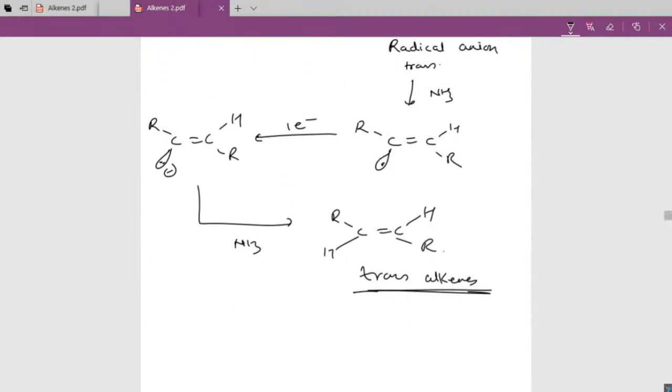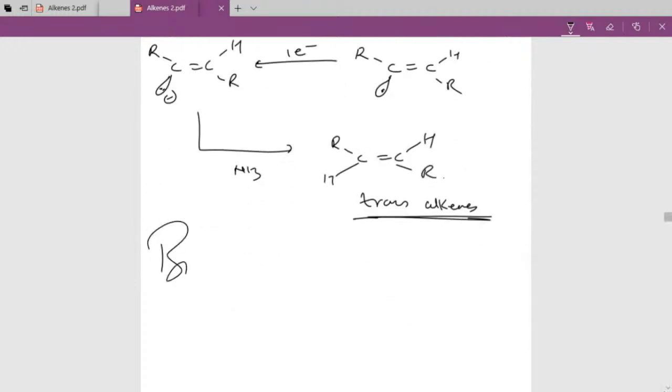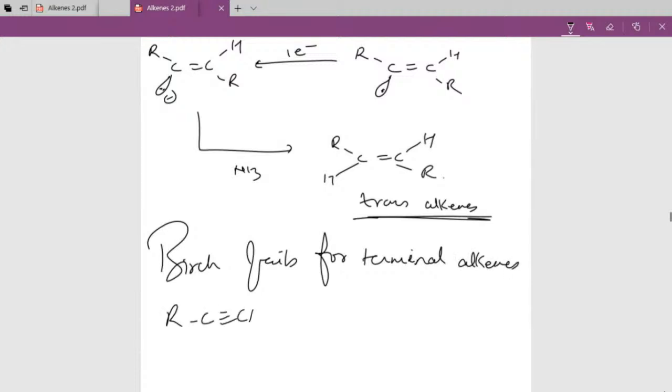Okay, but remember, Birch fails for terminal alkynes. Why? Because in case of terminal alkynes, it forms sodium salts rather than reduction.